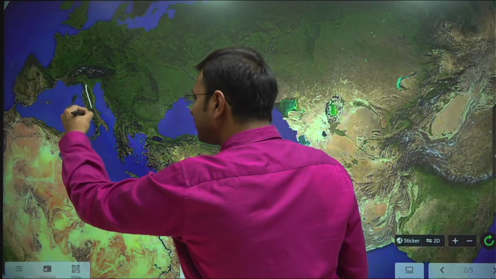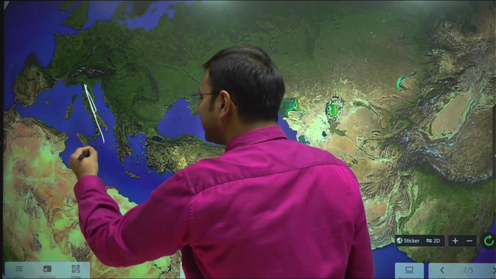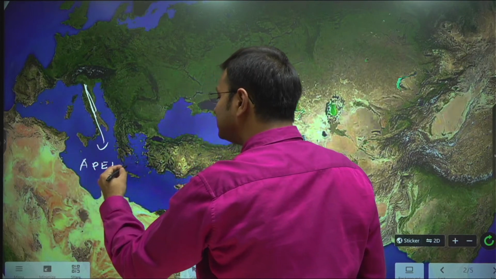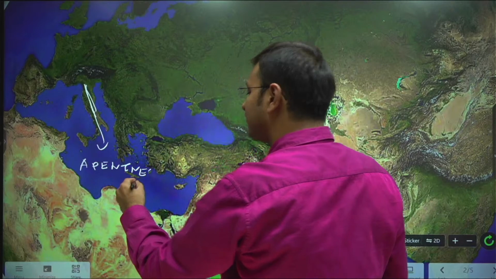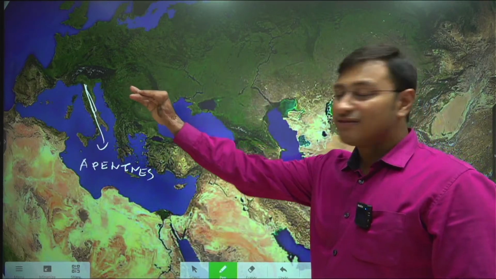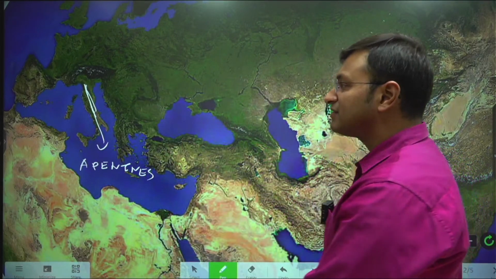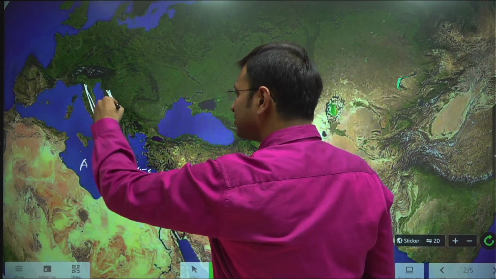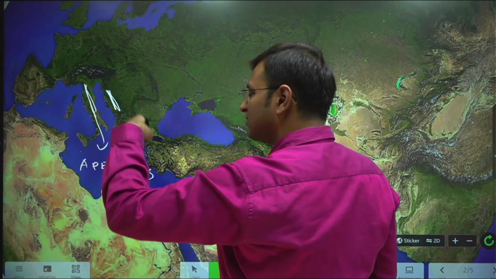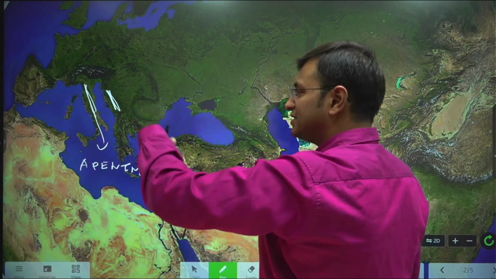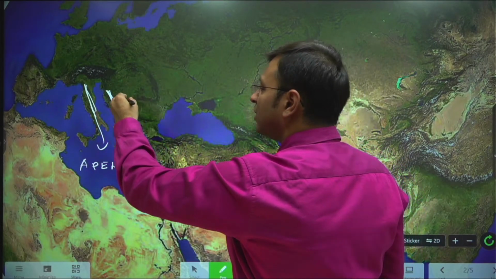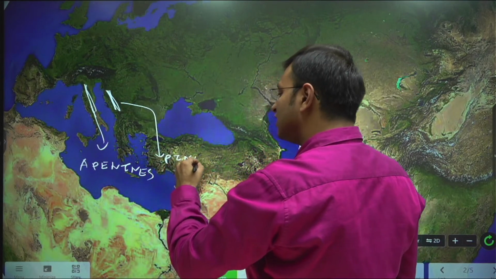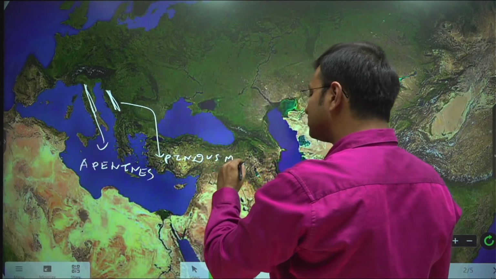In the middle of Italy you will have the Apennines. You have Pennines in Britain and you have Apennines in Italy. After that, on the west coast of Albania, on the part of the Aegean Sea, you have an entry called the Pindus Mountains.